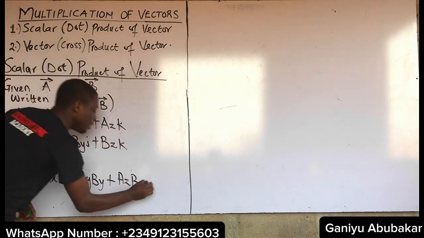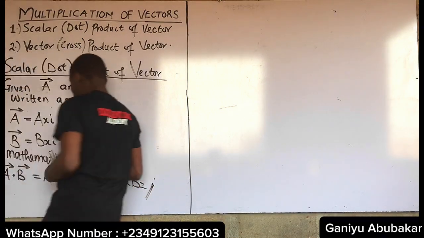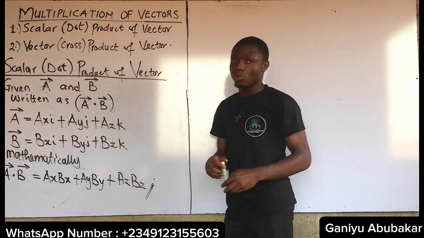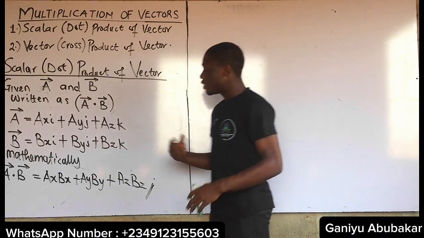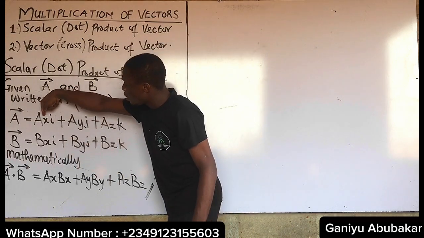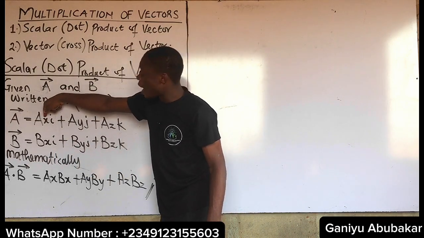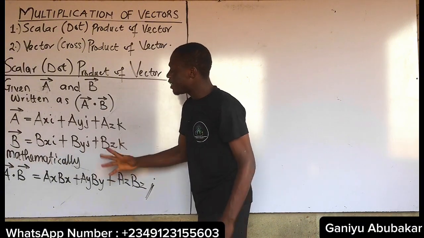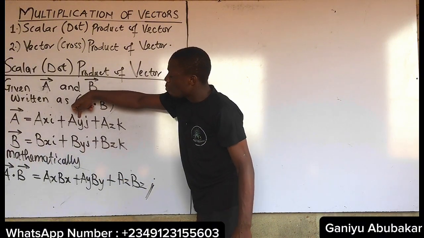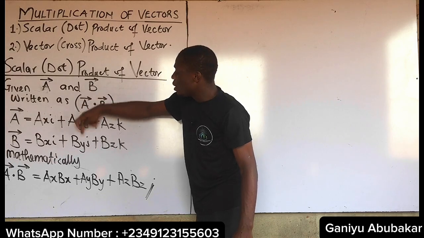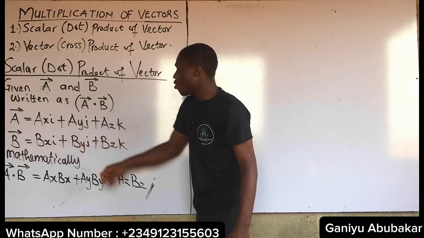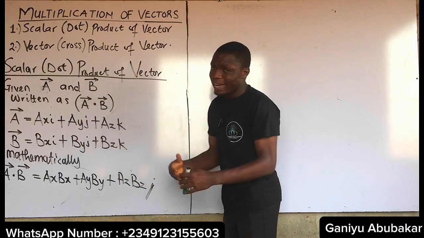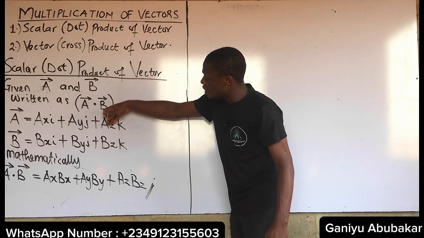This is simply the mathematical expression for dot product of vectors. So we're told to multiply two vectors, simply multiply the coordinate of i with the coordinate of i of the second vector, add it up with the multiplication of the coordinates of j for the first and second vectors, add them up with the multiplication of the coordinates of k, which are AZ and BZ.